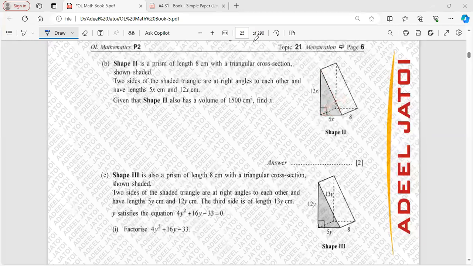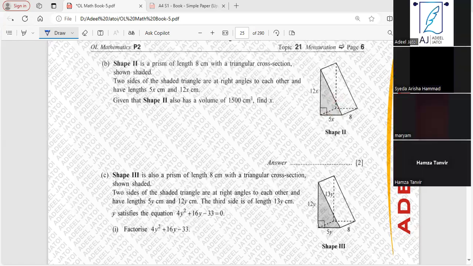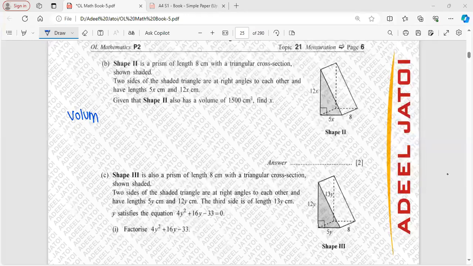Now, let's work upon the volume. Volume will be area of cross section multiplied by length, right? The question is very clear.